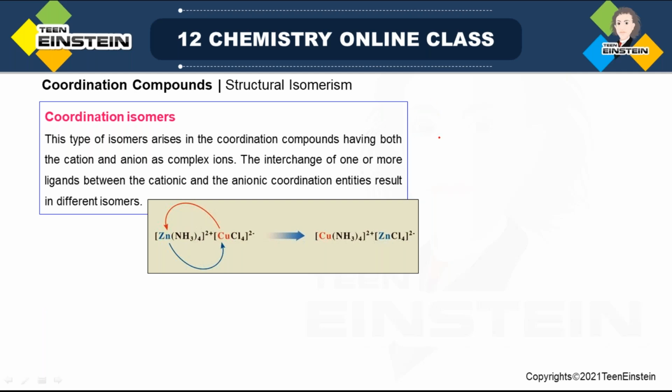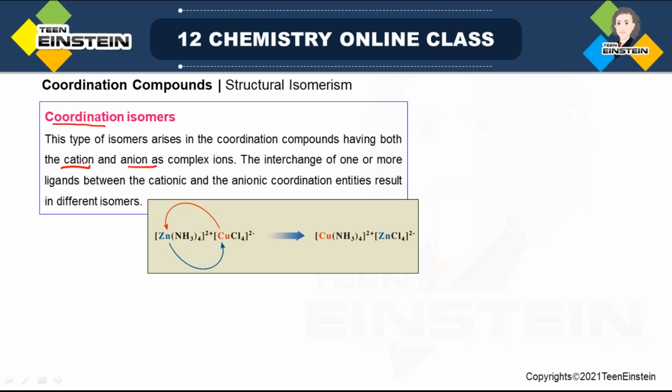So structural isomerism number 4 is coordination isomer. From the term, it obviously has something to do with the coordination sphere. This type of isomerism arises in coordination compounds where both the cation and the anion are part of complex ions, that means they remain within the coordination sphere.